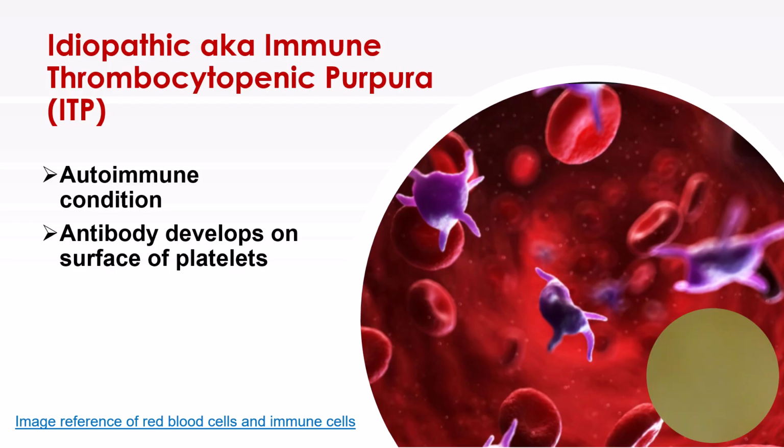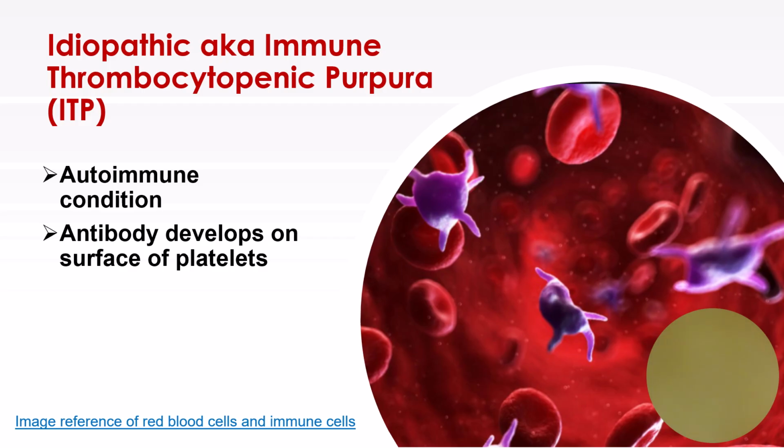So idiopathic, also known as autoimmune thrombocytopenic purpura, often called ITP, is a destructive reduction of circulating platelets, but we have a normal platelet production.